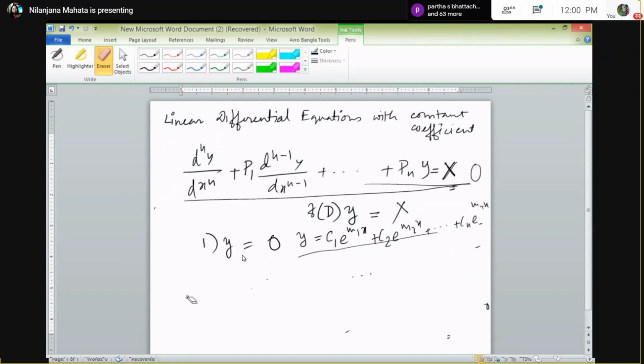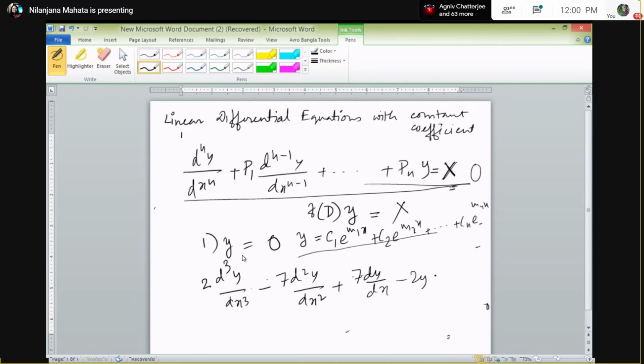Suppose you have an equation, so you have to find out the solution of this equation.